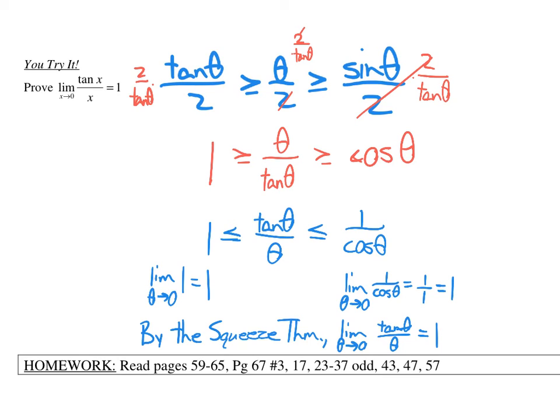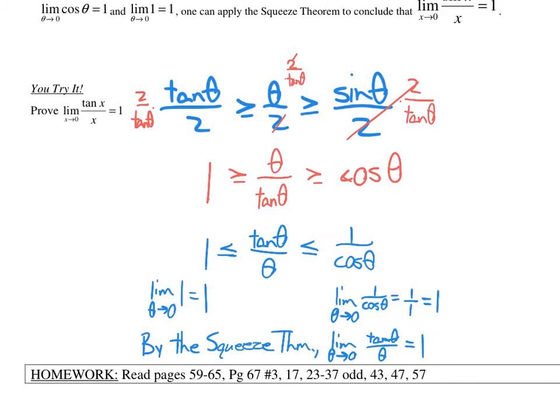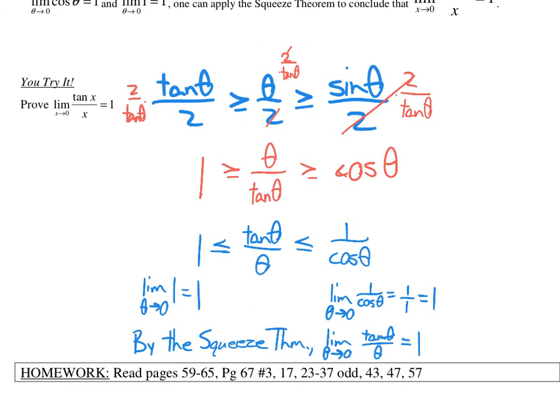For this proof, do we have to show that the negative angles work as well? We didn't specifically, but we already knew it would work for the cosine. Now the tangent is the same as the sine.